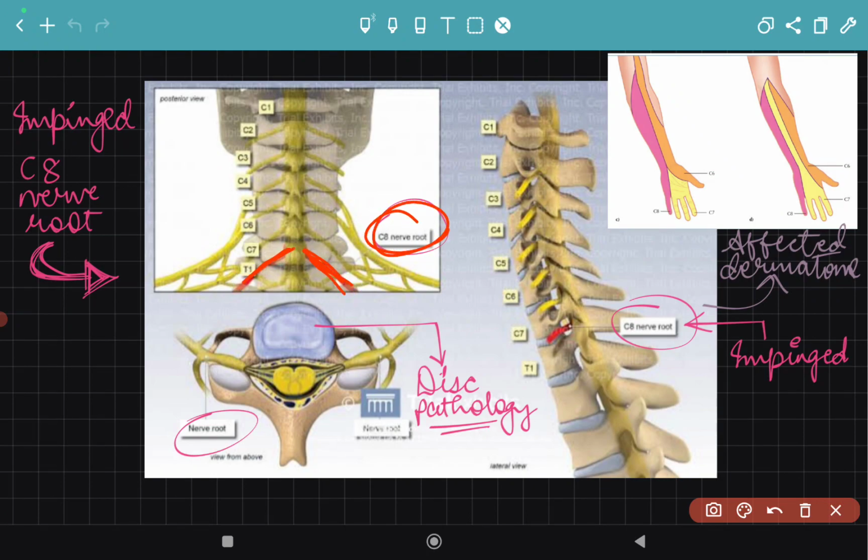So suppose now, as in this diagram, there is this central disc, and in the center is the nucleus pulposus. We had studied this in the earlier series. In the center the nucleus pulposus is there, and surrounding it is the annulus fibrosus.